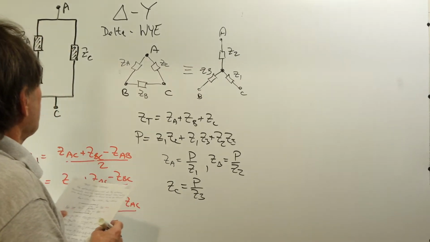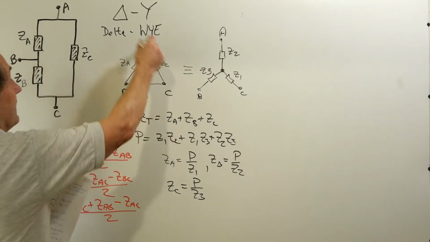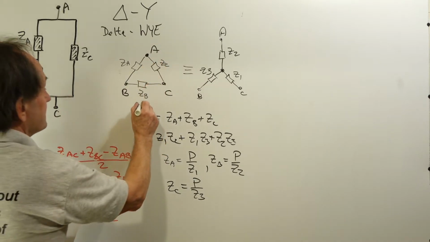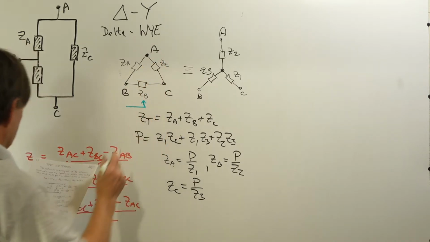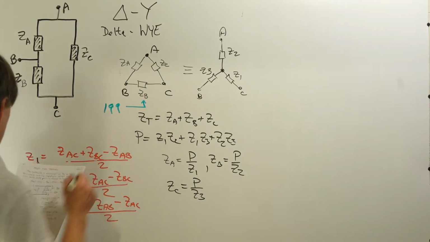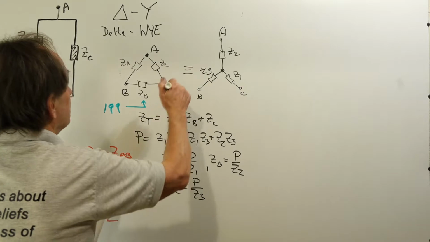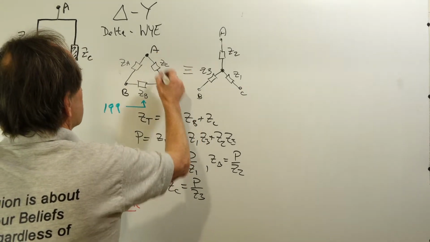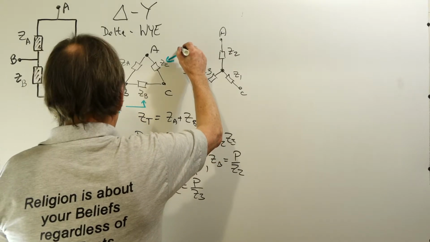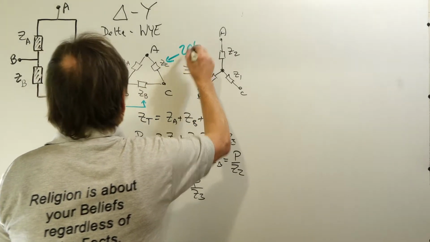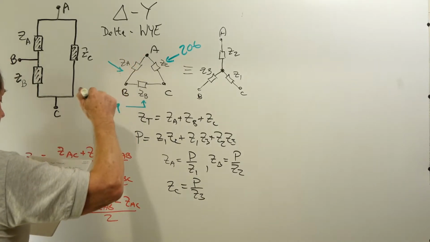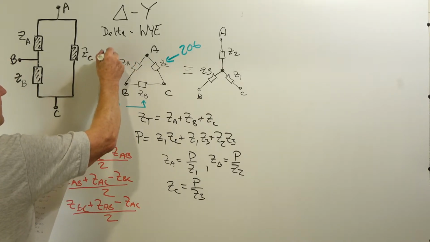So if I start with my delta network, the impedance seen looking in between nodes B and C is 199. The impedance between nodes A and C is 206. And the impedance seen looking in between A and B is 47.